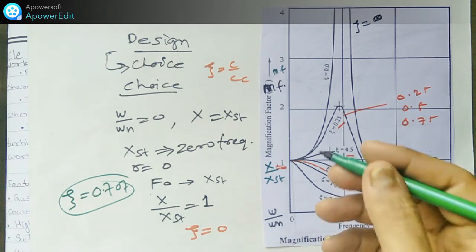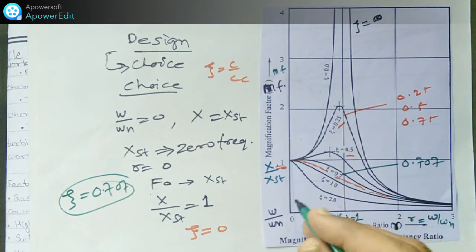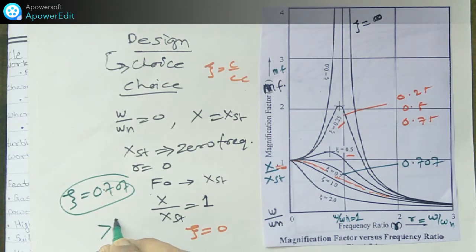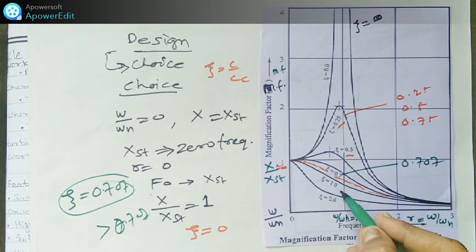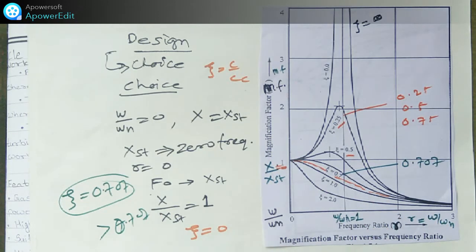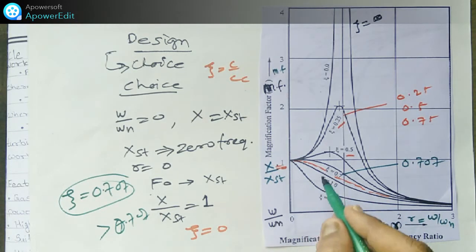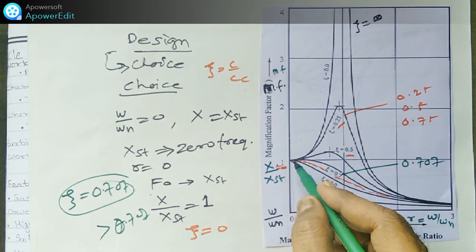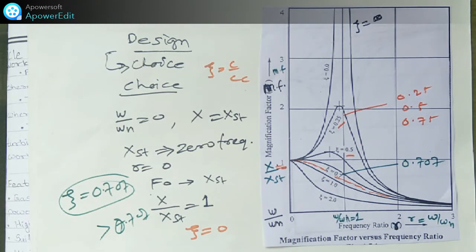And if zeta is greater than 0.707, then MF is below unity. This value of MF is unity. See here, up to the maximum value, the magnification factor is less than 1. This is the actual study. You must be clear from this graph.